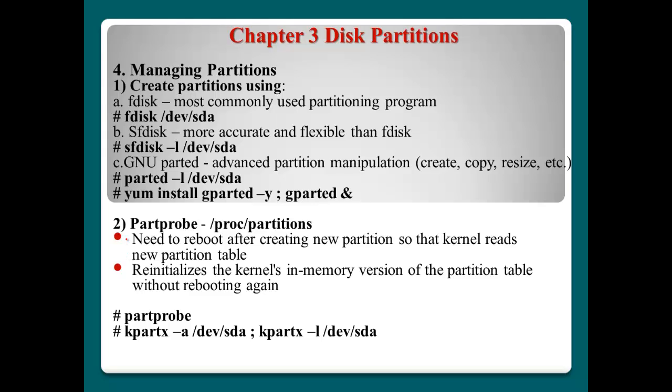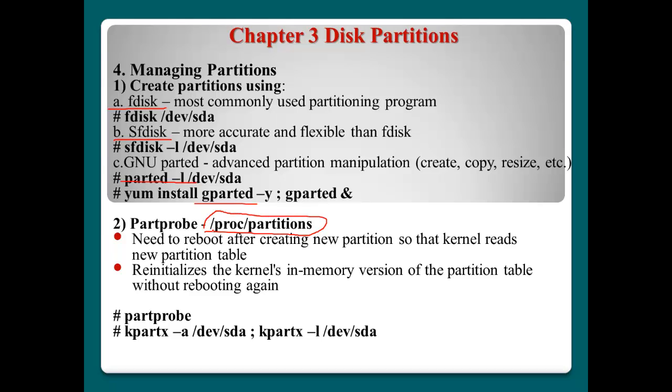Number 4, managing partitions. To create a partition, we can use these commands: first fdisk, second sfdisk, and parted or gparted. Gparted is the graphical version of parted. After that, we need to read the /proc/partitions file.